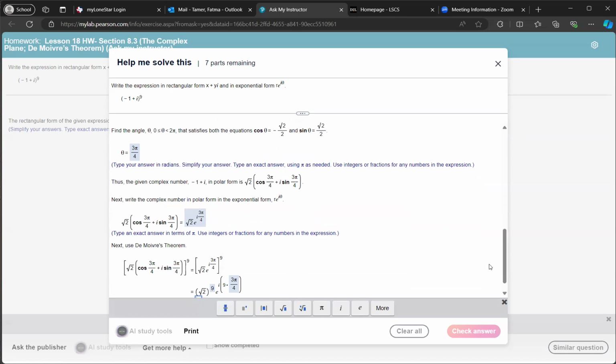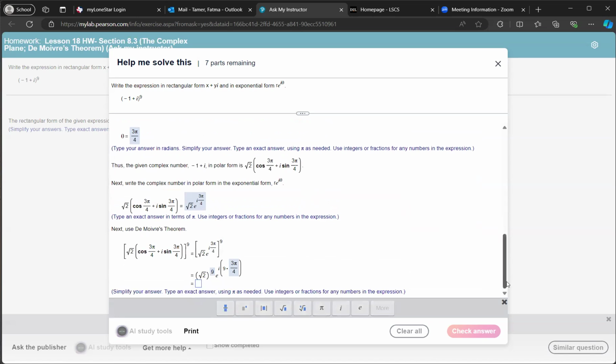Now, if we do the work associated here, square root of 2 to the power of 9 is 2 to the 4th power times root 2. So it's going to be 16 root 2. And now I'm on the exponential part.